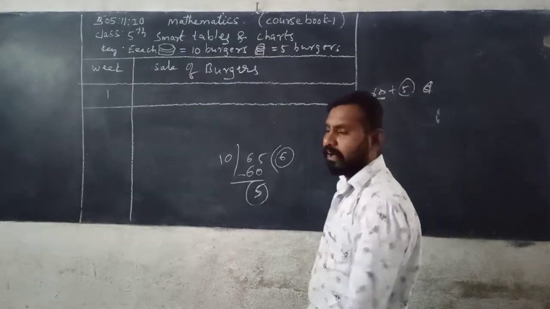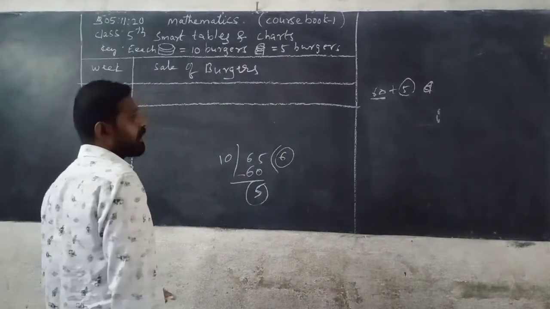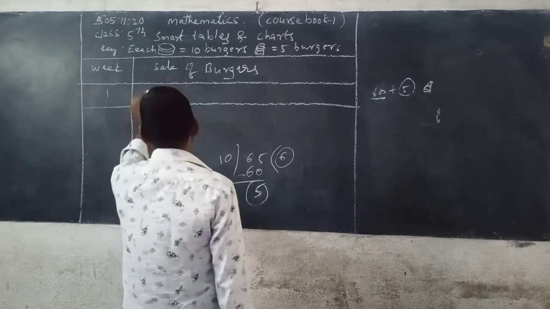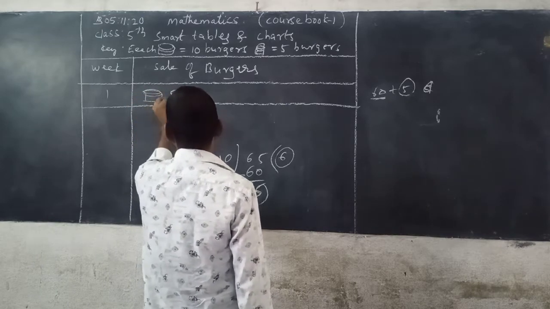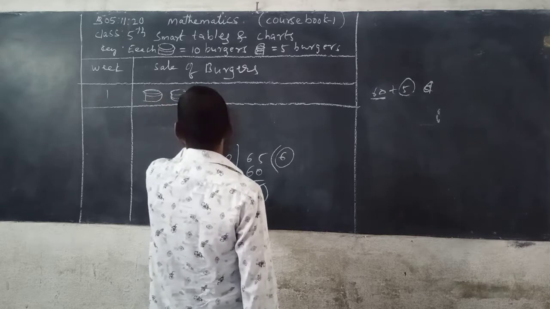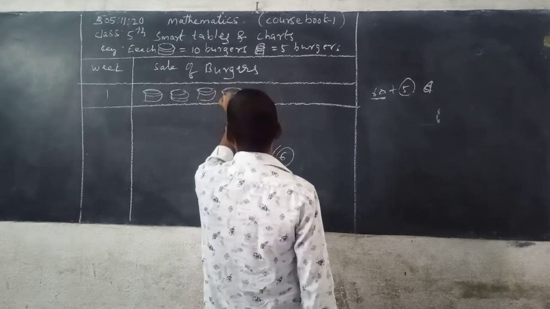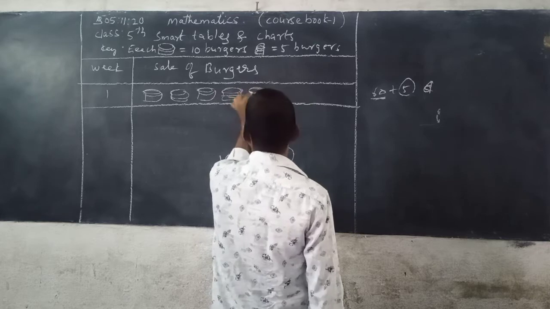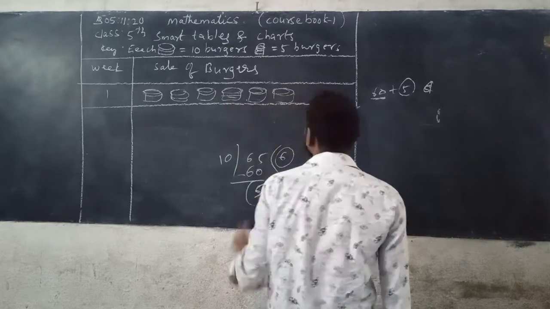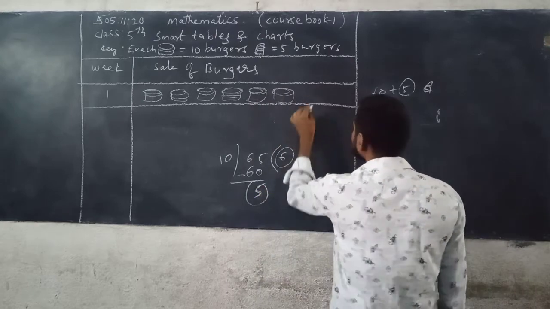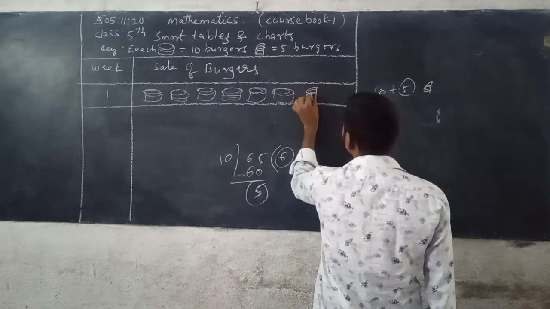So how many burgers can you draw here? 6 burgers. This is 1, 2, 3, 4, 5, 6 burgers. Then 5 means you can draw half a burger.